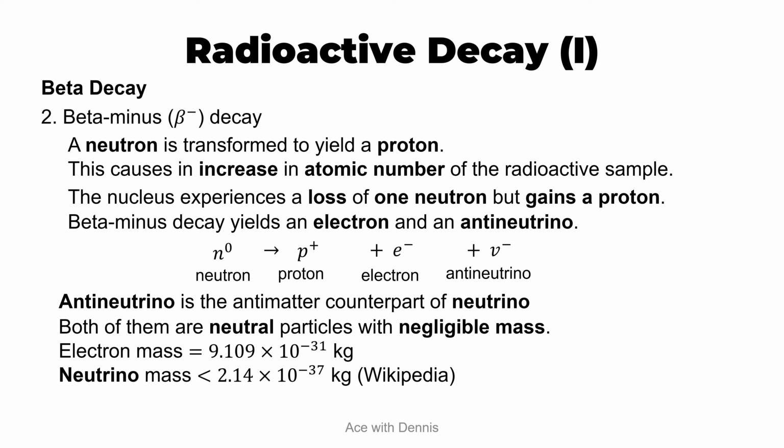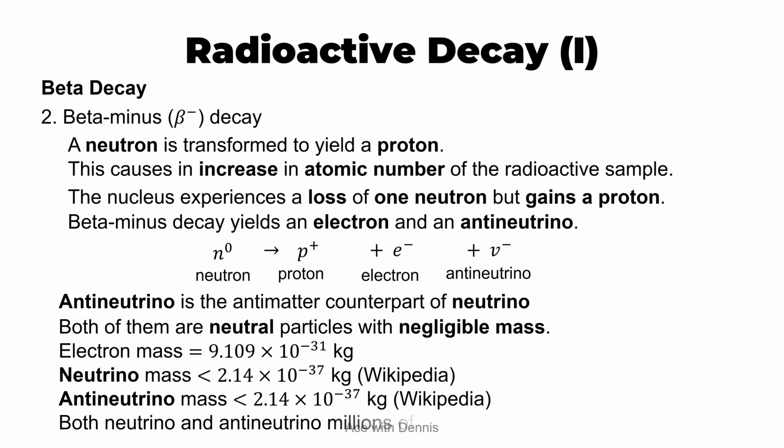Neutrino mass is less than 2.14 times 10 to the power of negative 37 kilograms, and anti-neutrino mass is also less than 2.14 times 10 to the power of negative 37 kilograms. As you can see from the comparison here, both neutrino and anti-neutrino are millions of times lighter than an electron. Hence, their masses are negligible.